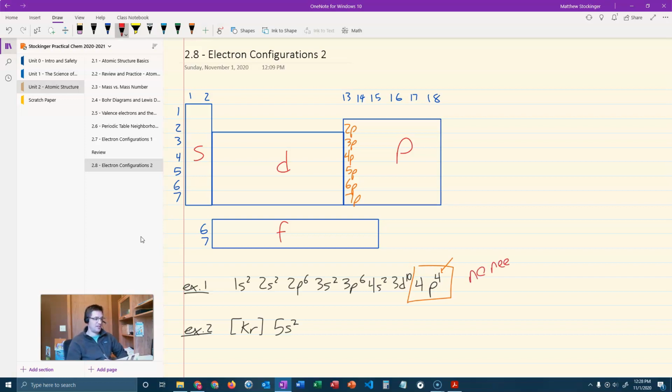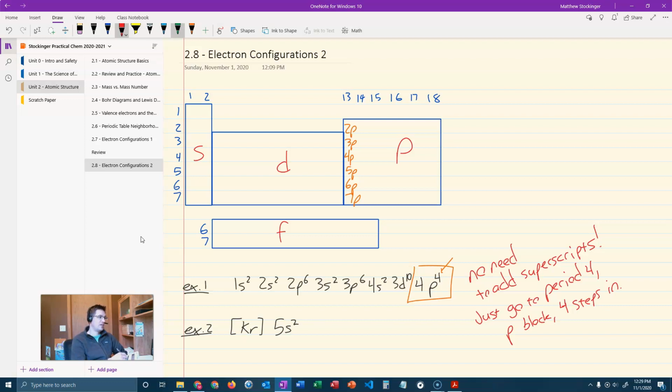No need to add superscripts. Okay, just go to period 4, P block, comma, 4 steps in, and you're done. It's selenium.